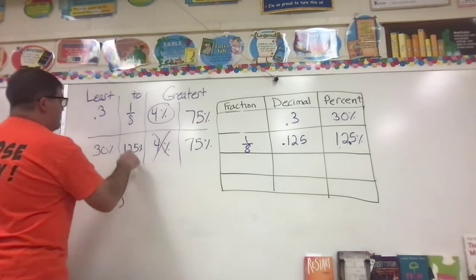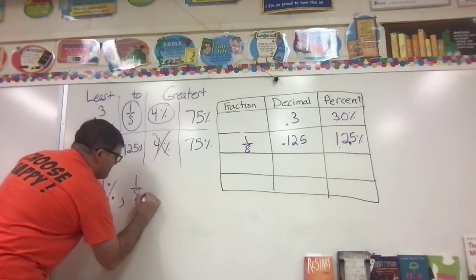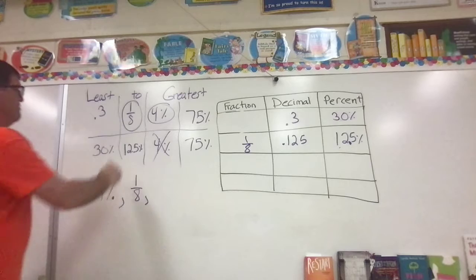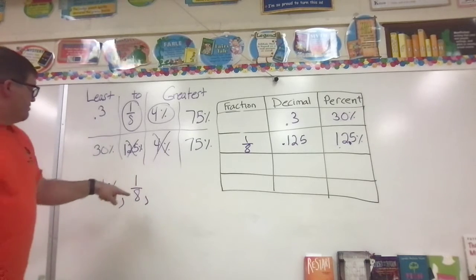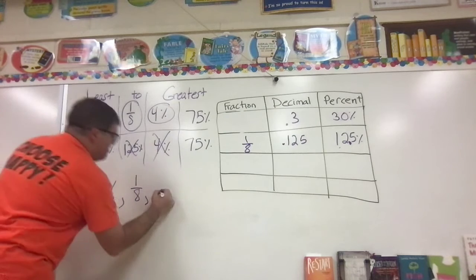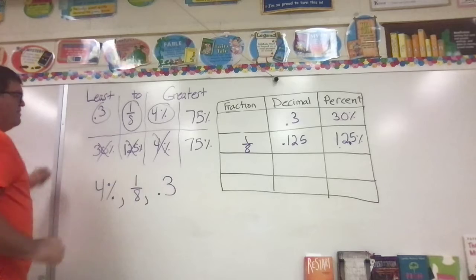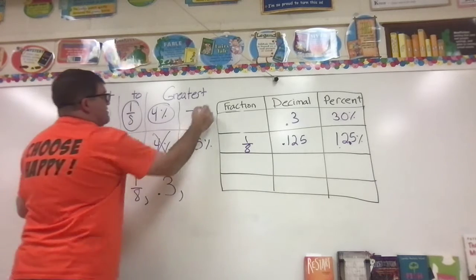So there's 12.5%, which is 1/8. So I put my 1/8 down next. So I'm done with that one. Now, which one gets a little bigger? 30 or 75? Well, 30 is just a little, and that's 0.3. Okay, and I cross that out, and then I'm left with 75%.